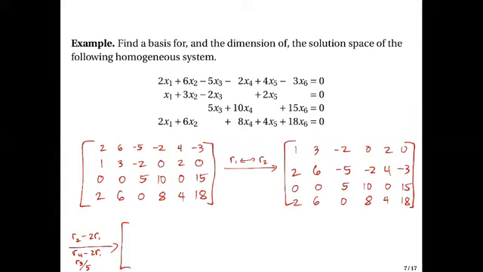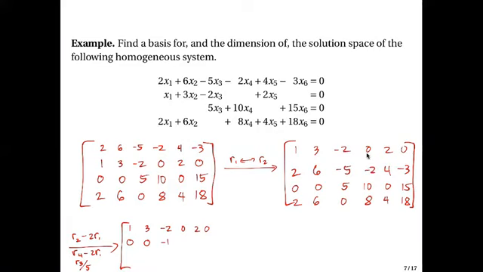So in here, we just copy row 1. You have 1, 3, negative 2, 0, 2, 0. For row 2, so row 2 minus 2 row 1, so 2 minus 2 there, that's 0. 6 minus 2 times 3, that's 6 minus 6, this is again 0. Negative 5 minus 2 times negative 2, so negative 5 plus 4, that's negative 1.